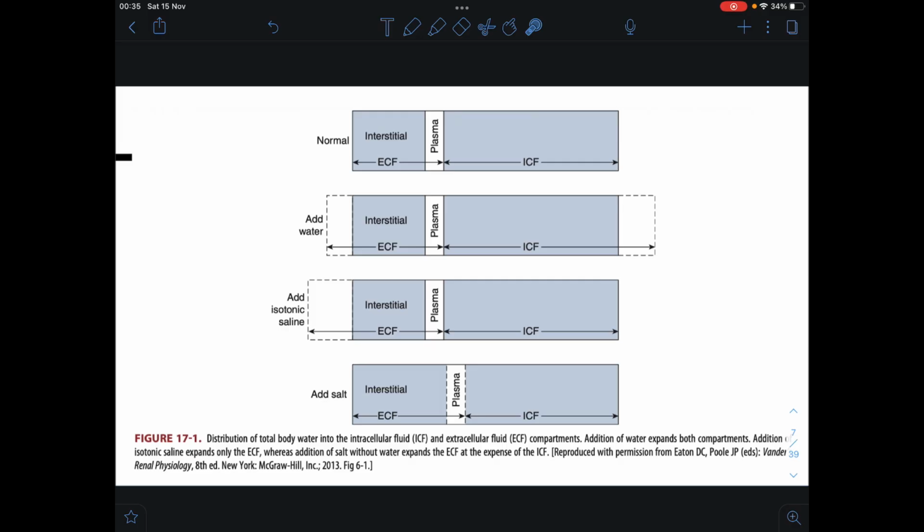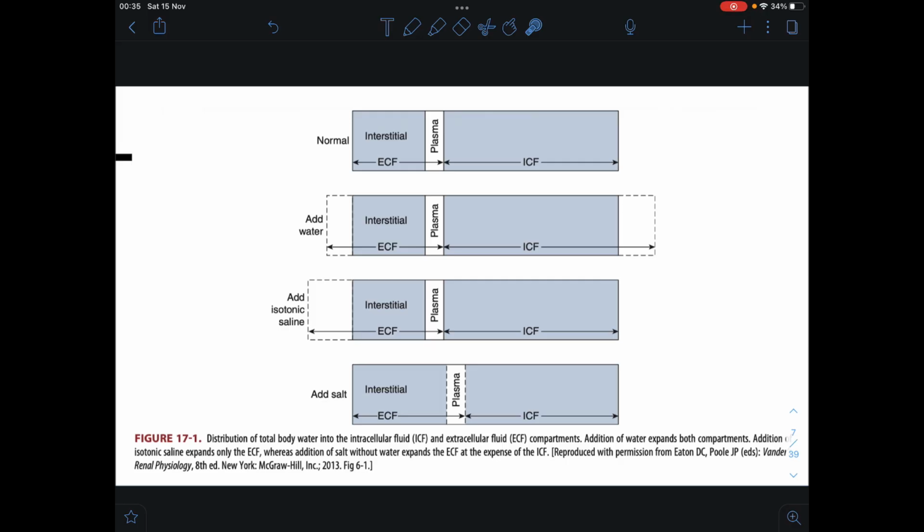So once you add something like isotonic saline, which has a sodium concentration very close to that of the extracellular fluid compartment, you will see an expansion only in the extracellular fluid, because the sodium cannot pass into the intracellular compartment, so the fluids stay in the extracellular.